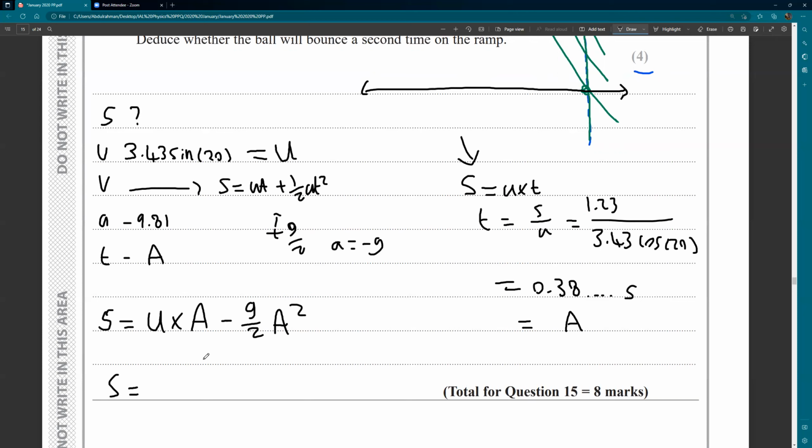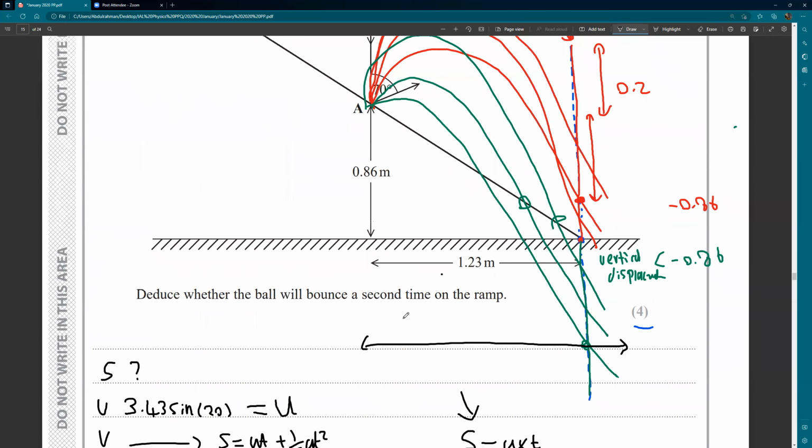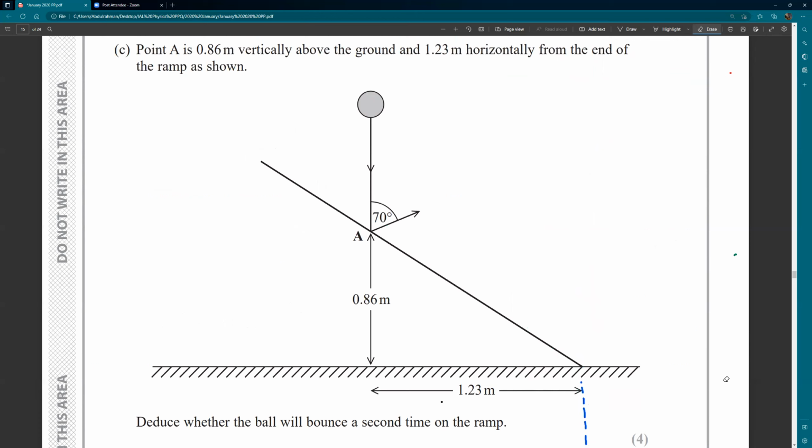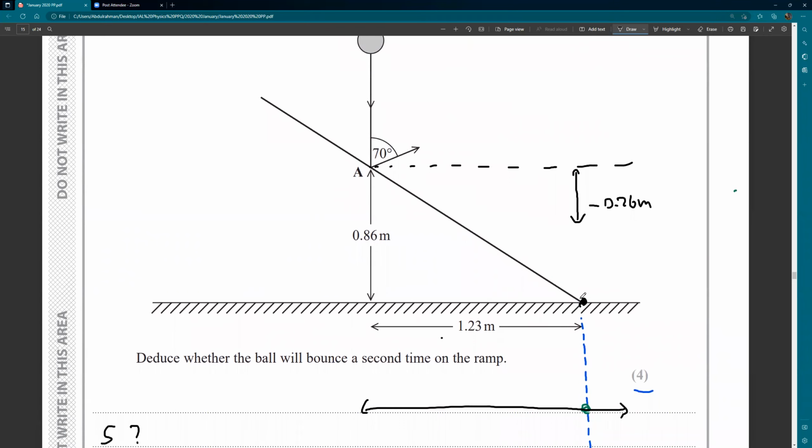Okay, so I got minus 0.26 meters, meaning it would have traveled a vertical displacement of, remember it starts here, that's where it started, minus 0.26 meters, which is clearly above minus 0.86.